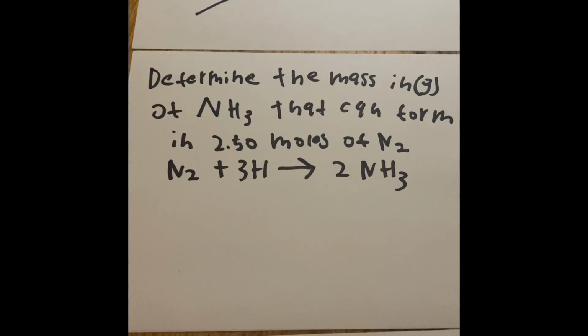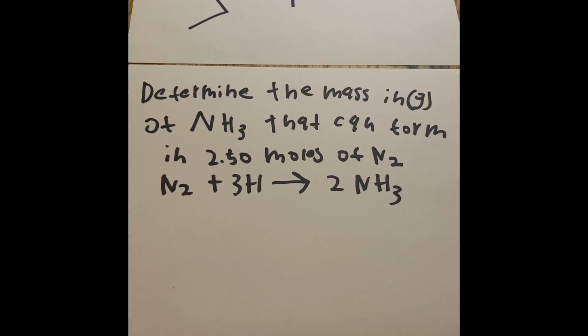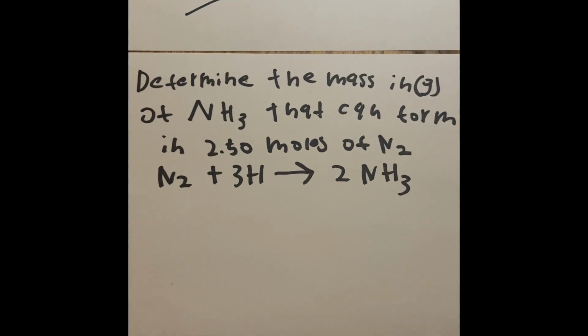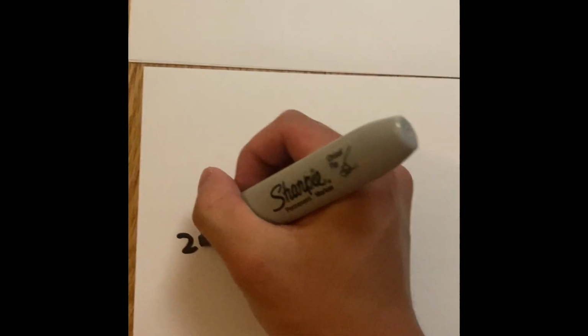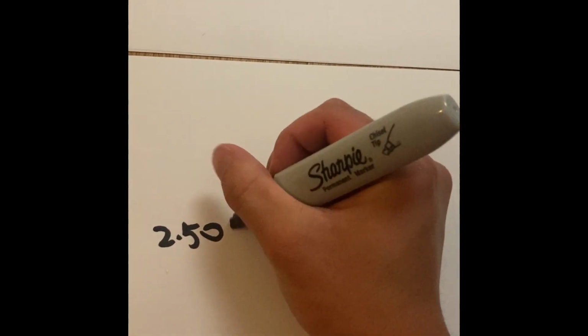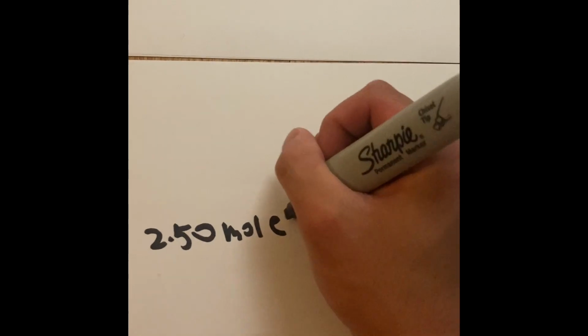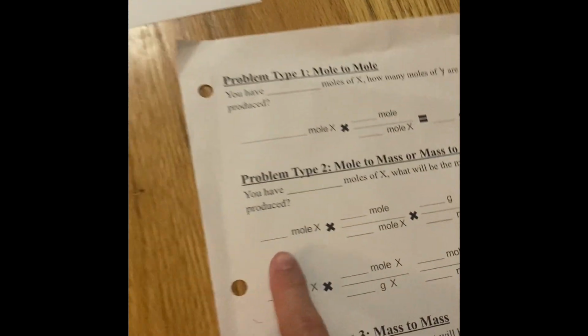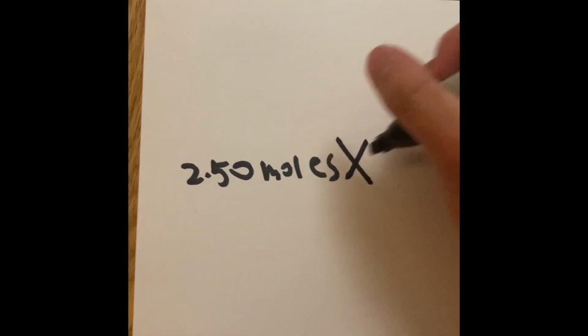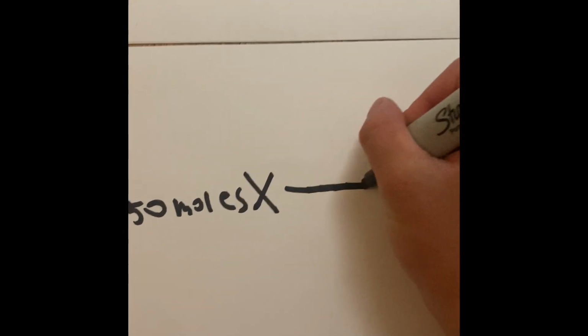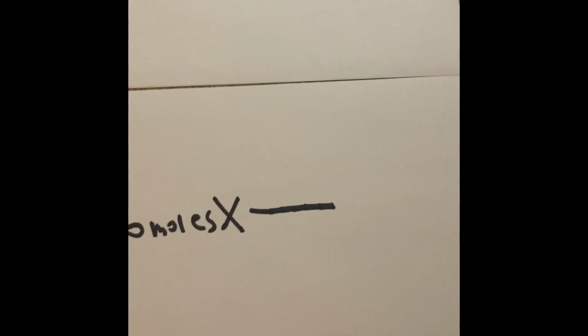So let's get started. The problem already says that nitrogen is going to have 2.5 moles of the equation. So we're going to put 2.50 moles because that is what we already know. This is that part right there. The next thing is we have to multiply by the ratios between ammonium and nitrogen.